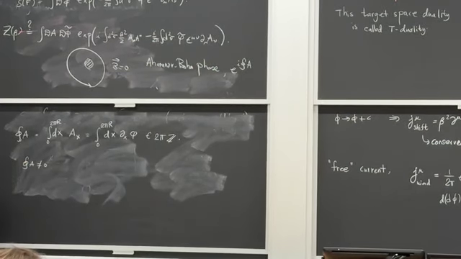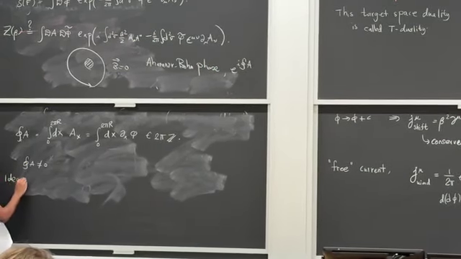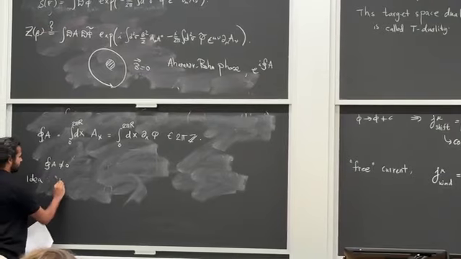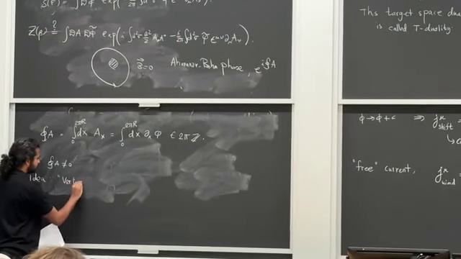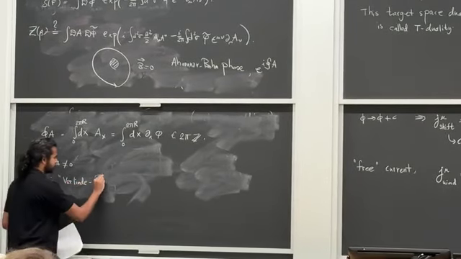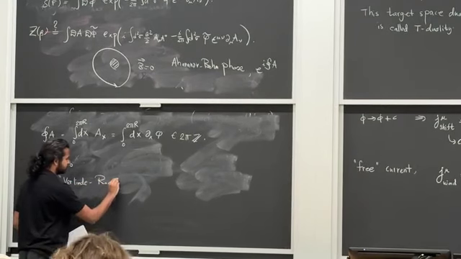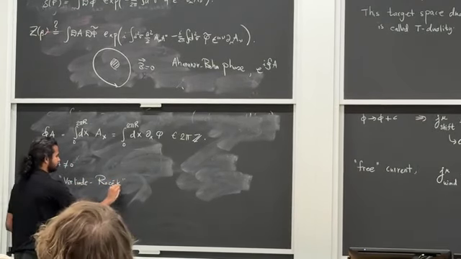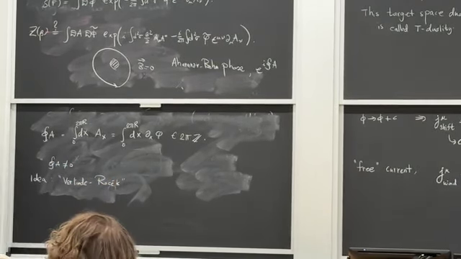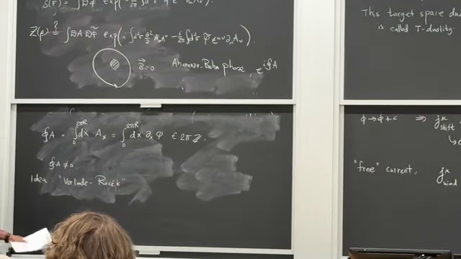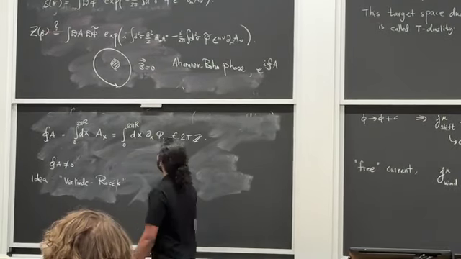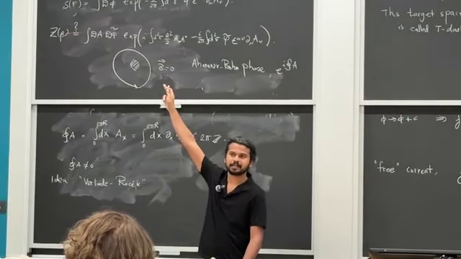So, this idea is due to Verlinde and Rocek. What they did is to impose compactness on phi tilde as well.